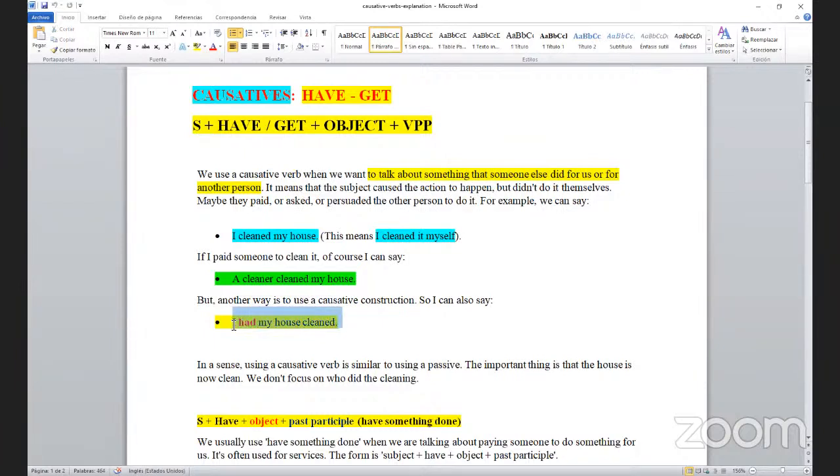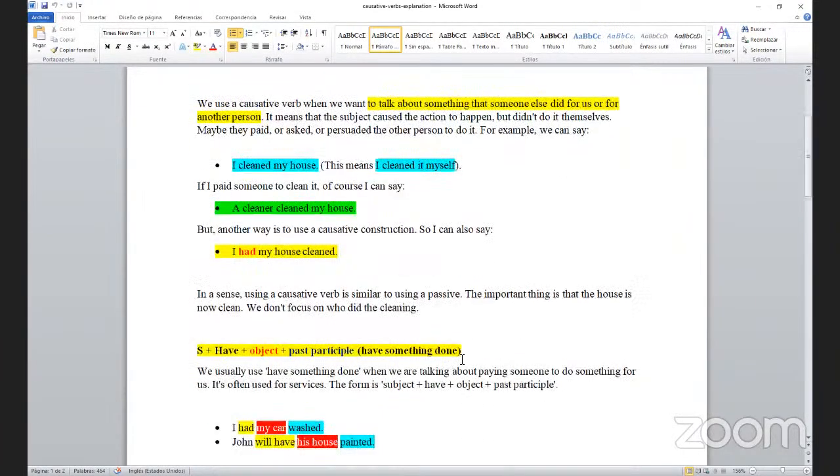What does it mean? Yo tuve mi casa limpia. It means that somebody else cleaned my house for me, but I don't want to say who cleaned it. So when I don't want to say who did this action for me, I will use causatives. I had my house cleaned.